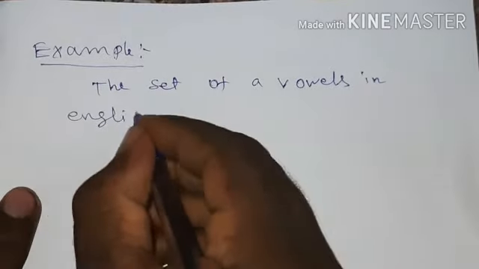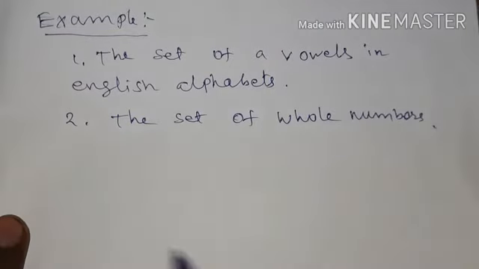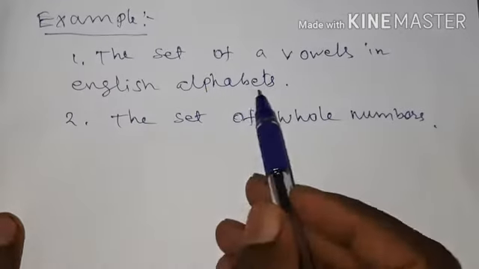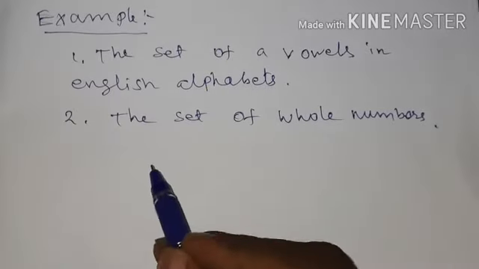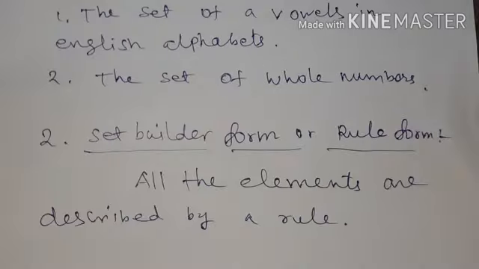Then second one, the set of whole numbers. The set of vowels in English alphabets is described in words. Second one, the set of whole numbers is described in words. This is called descriptive form.